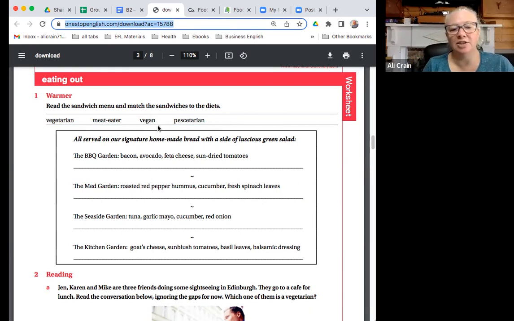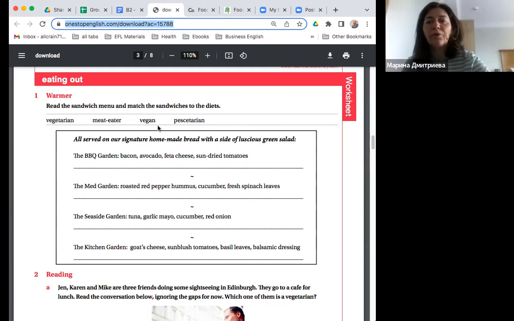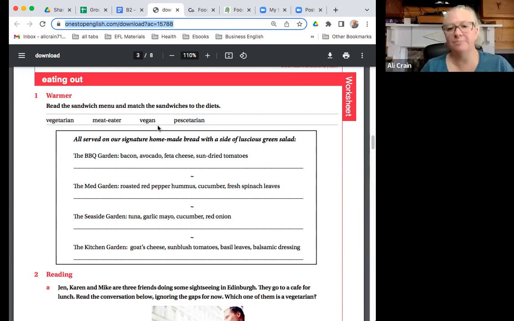Vegan is where there are absolutely no animal products at all. So no milk, yogurt, or eggs. Even honey would be considered non-vegan, because you couldn't eat it as a vegan since it comes from a bee.